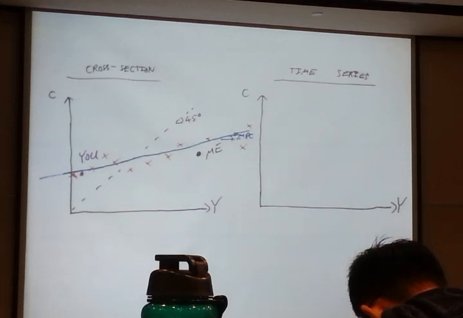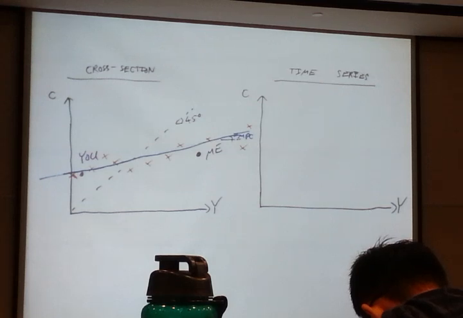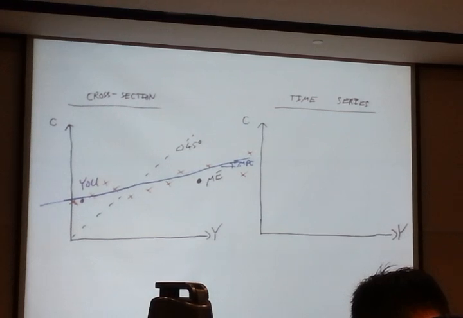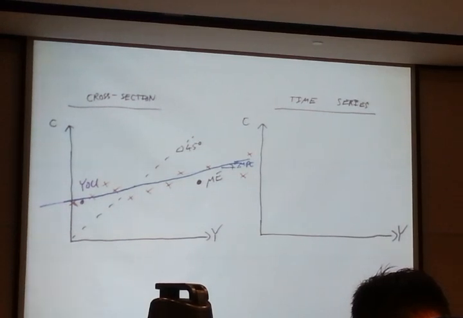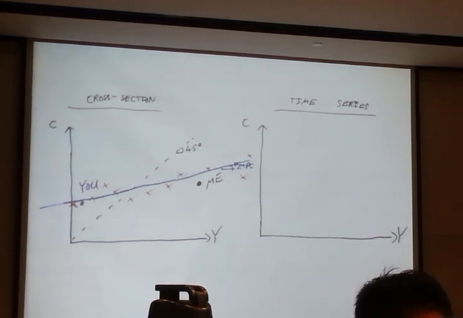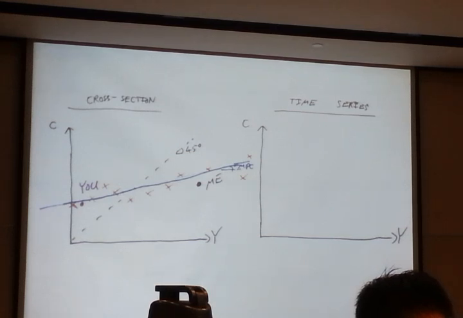And typically when we say time series data in macroeconomics, we're referring to data for the whole economy tracked over time. So that might be taking the average of everyone in this room, for instance, and then looking at how our incomes on average are changing over time. But now we do that for the whole economy. We take the average of everyone, look at how that changes over time.